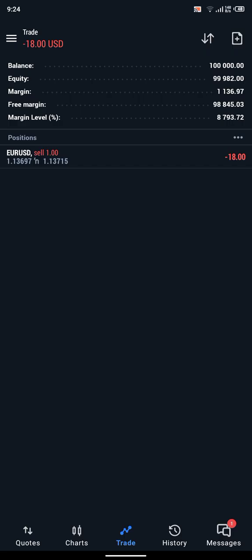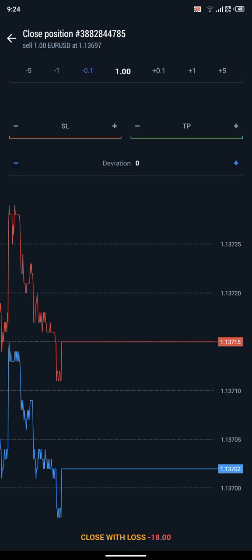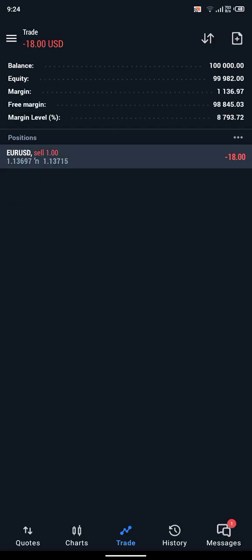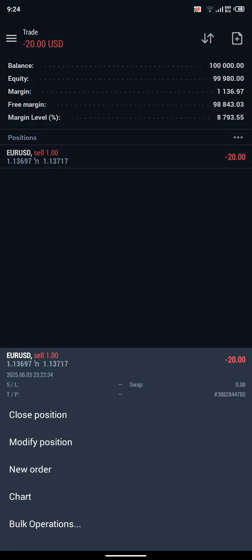Now you can close a trade manually. You can just slide this to the right and click on this first one. You will see close trade with loss, or you can just hold it and then you will see close position, modify position, new order. So you can just click on this close position.